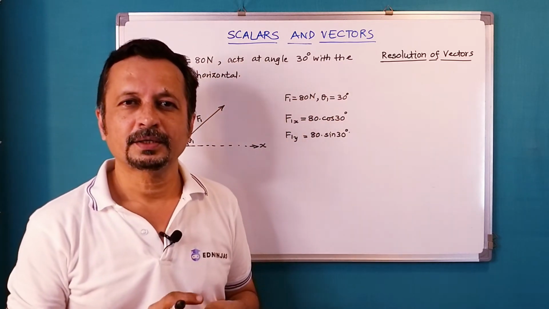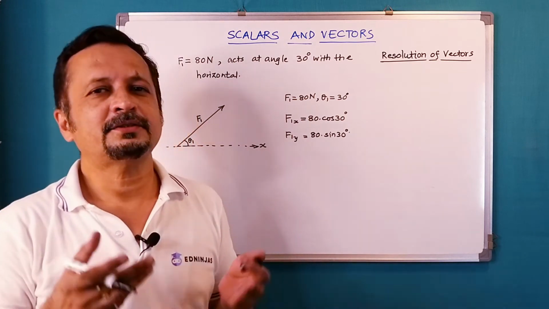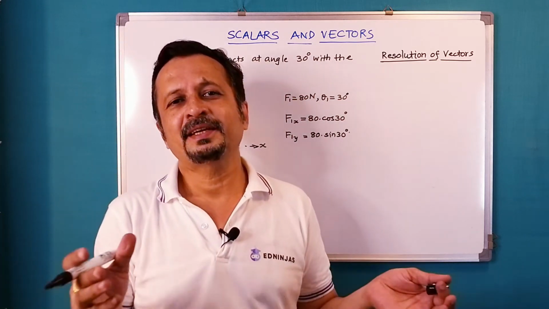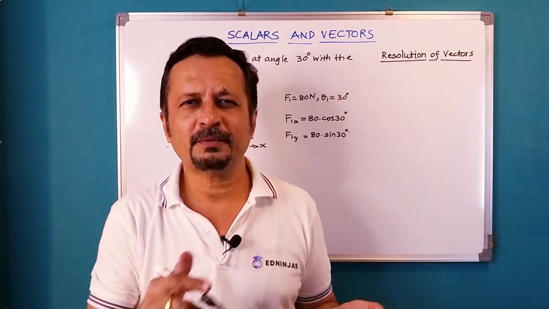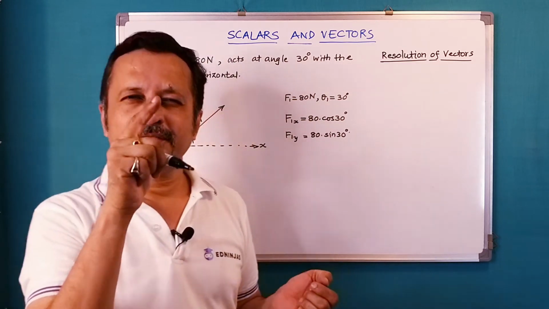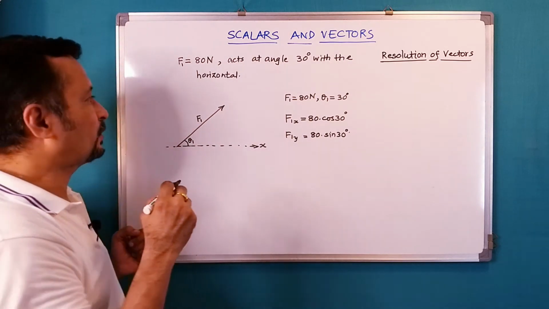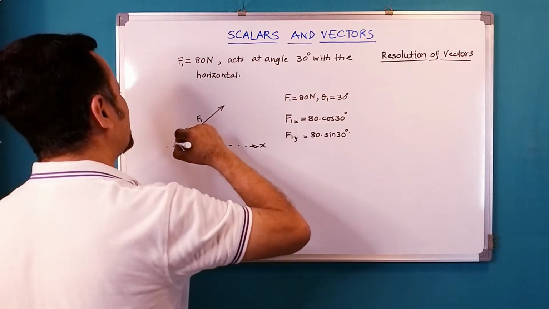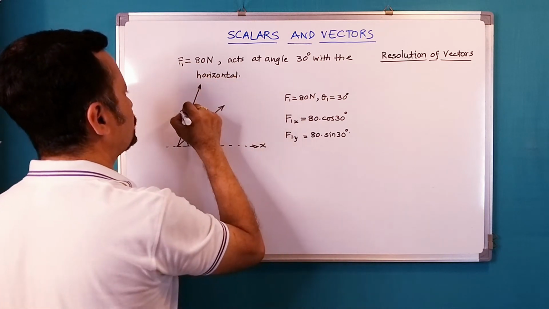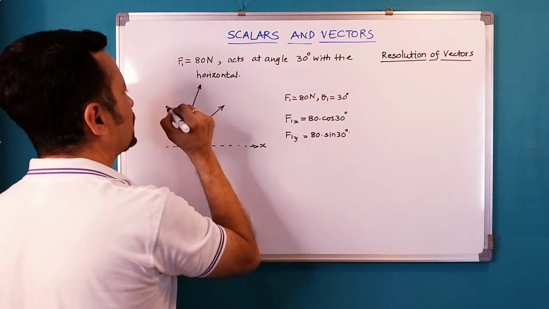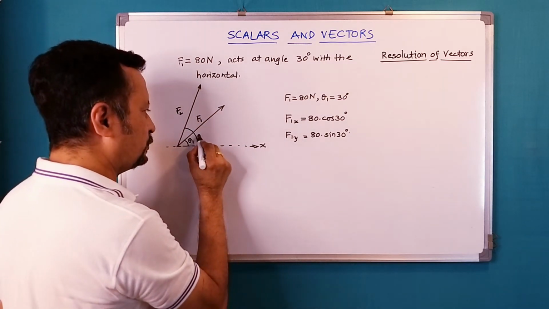Now you would think, why is this man doing this? Why is he finding this component? What is the use of this? But let us wait, just watch. Maybe I have another vector, which is acting in this direction here, F2, another force F2, and this angle is theta 2.